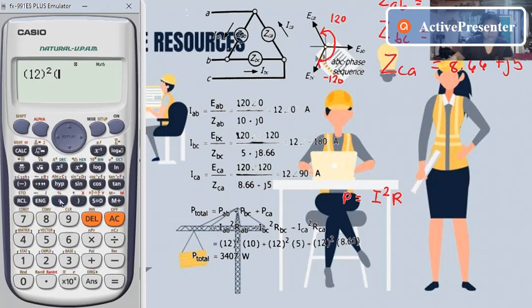squared multiplied by our resistance, which is 10, plus for IBC, same, we also have 12 squared multiplied by the resistance, which is 5, plus for CA, we have the same current, which is 12, multiplied by the resistance, which is 8.66.